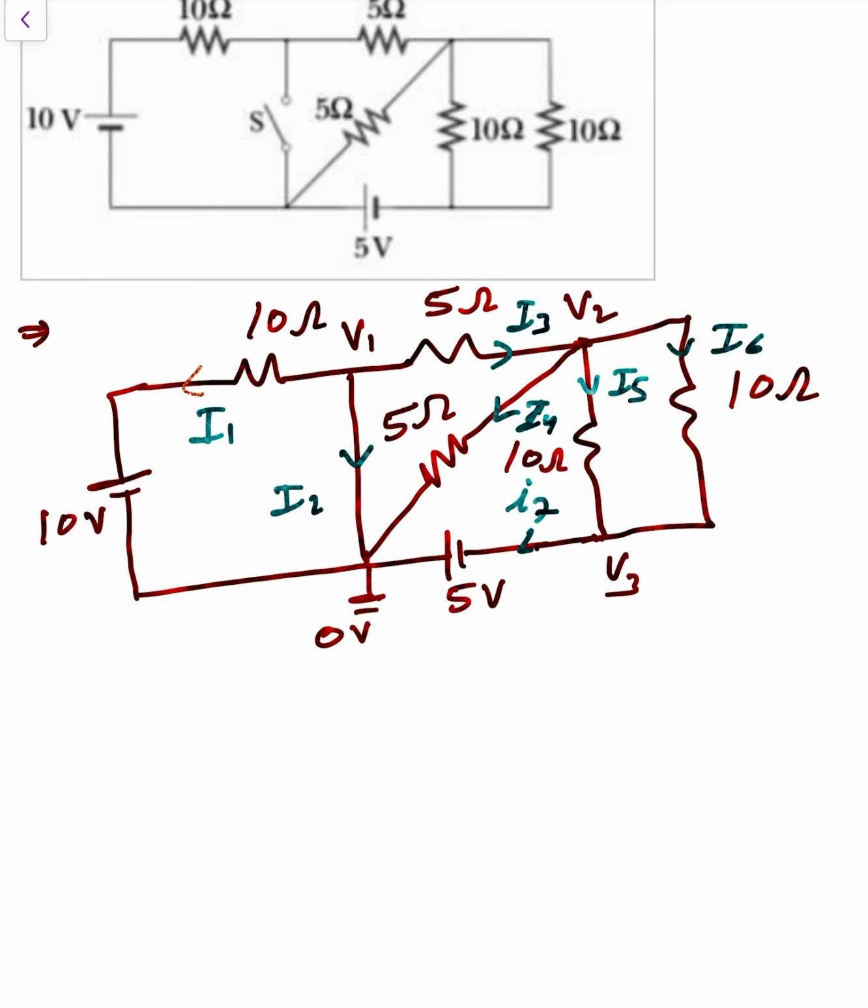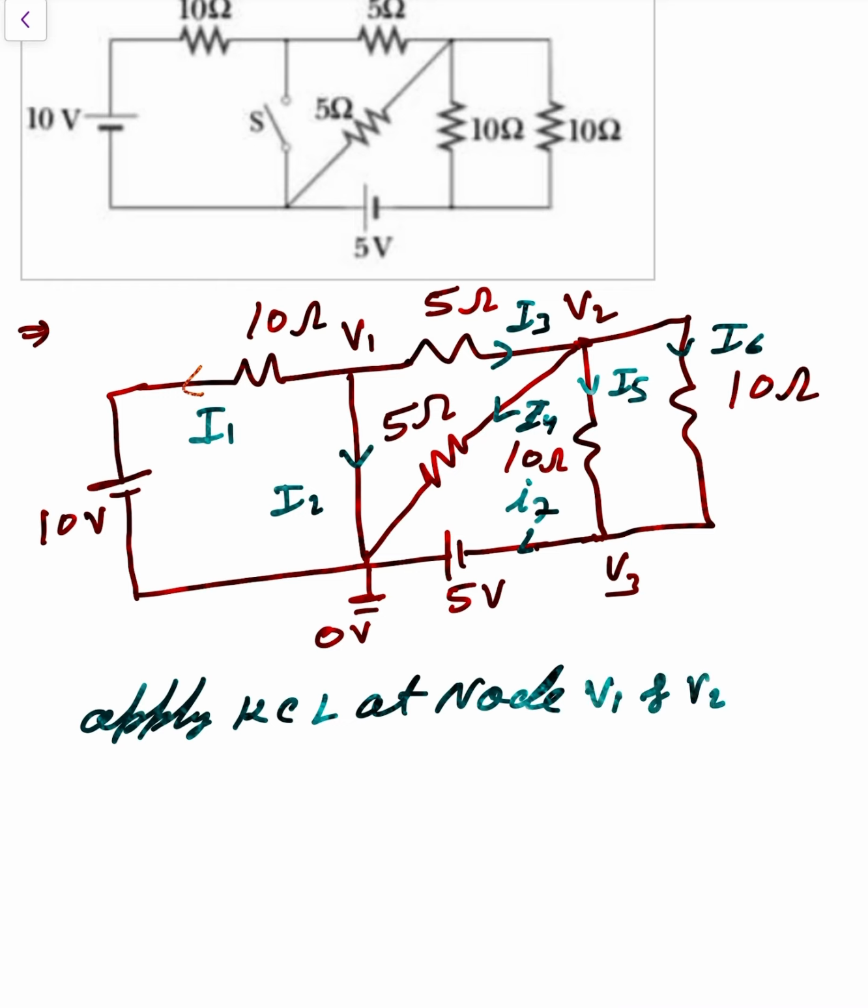Clear or not? If you see very carefully, like that one. Apply KCL at nodes V1, V2, and V3.